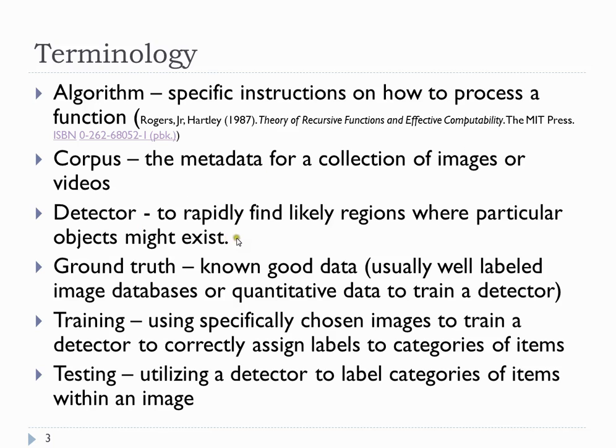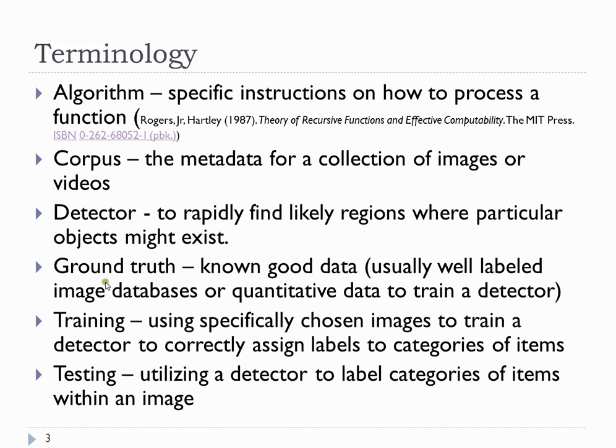Now the next thing I'd like to talk about is the detector. The detector is that part of the process that finds regions or features in an image where objects might exist. Further in the presentation, we'll talk about some of the different detectors that exist out there.